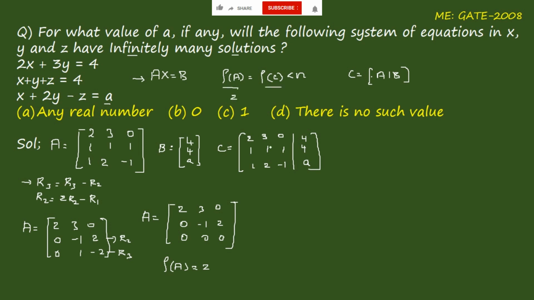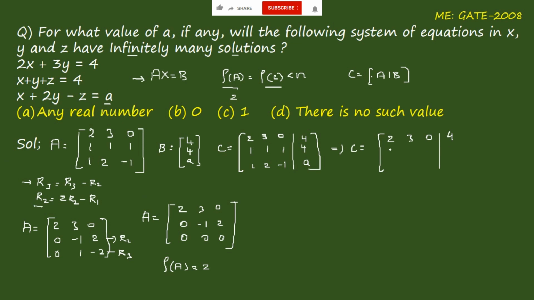Now in the case of C, we should also get 2, right? So by doing some elementary operations, okay, we're doing the same operation here also. Then C is equal to 2, 3, 0. This is 4. Here R2 becomes 0, we are doing the same operation.